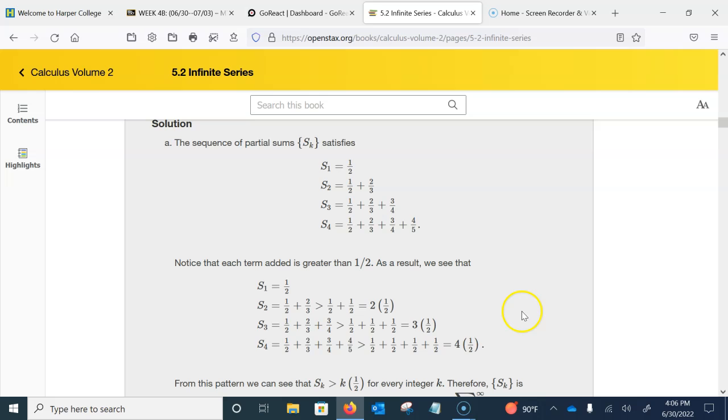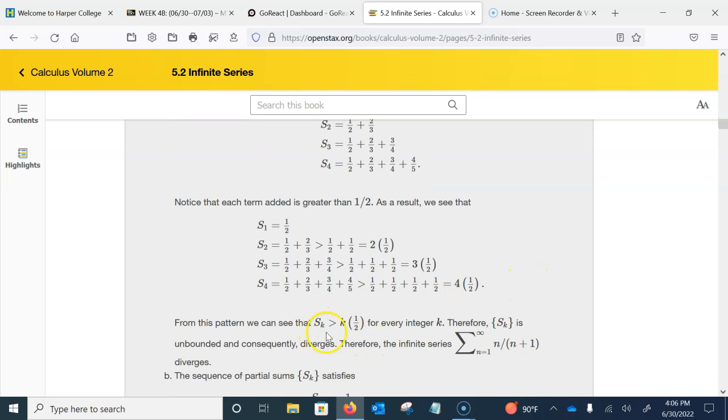In any case, we can see that the partial sum, let's say S sub k, for arbitrary k, is going to be bigger than k times 1/2. Right? S sub 2 is bigger than 2 times 1/2. S sub 3 is bigger than 3 times 1/2. S sub 4 is bigger than 4 times 1/2. And we come to the general conclusion that S sub k is bigger than k times 1/2, for every integer k.